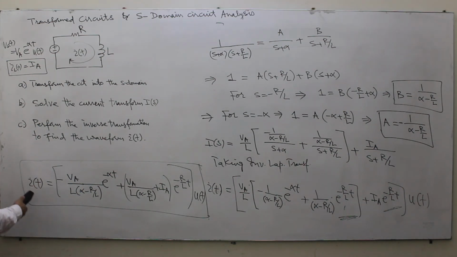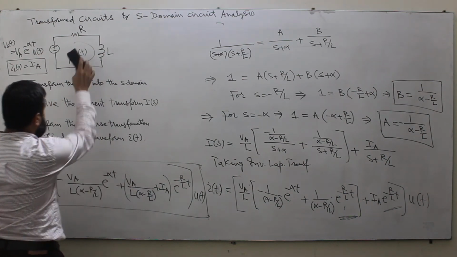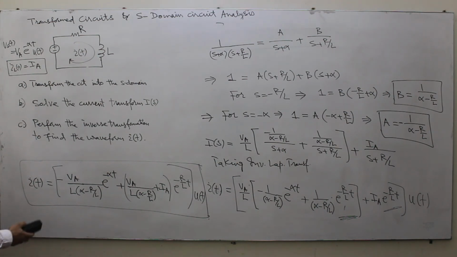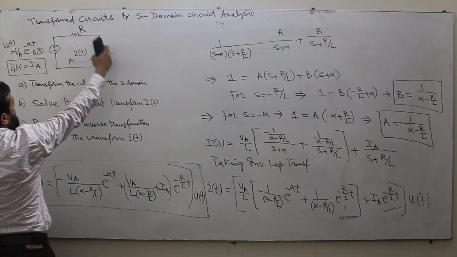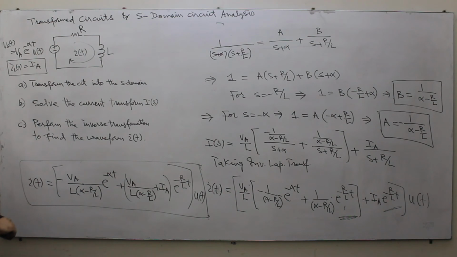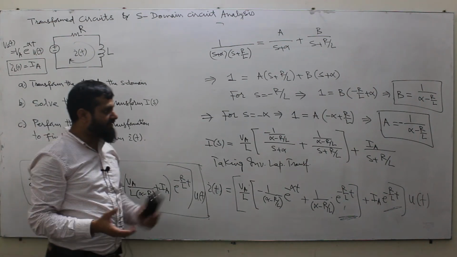By changing time we can see the response of this circuit easily. Given the values of R, L, and the initial condition, we can simply see how this circuit is behaving.